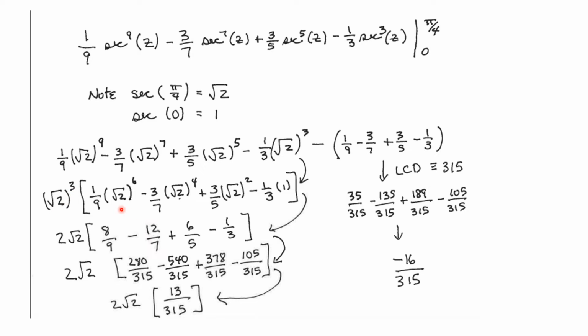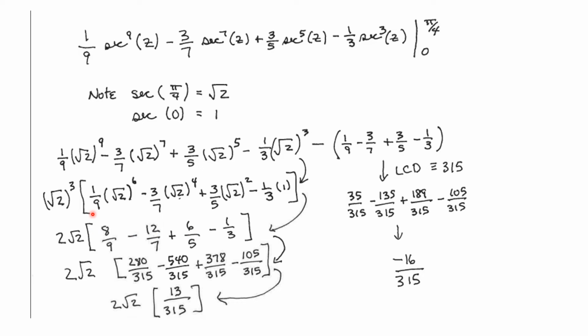Then inside, just using properties of exponents, I'll have 1 over 9, the square root of 2 to the 6th power, minus 3 over 7, the square root of 2 to the 4th power, plus 3 over 5, the square root of 2 squared, minus 1/3, and I already factored that out, and so it's just 1/3 times 1.